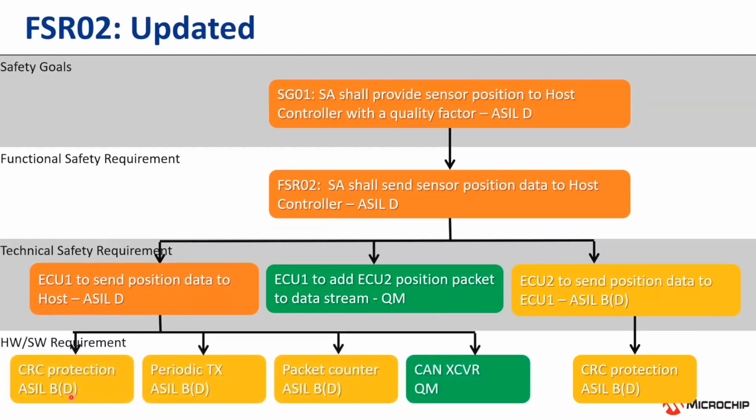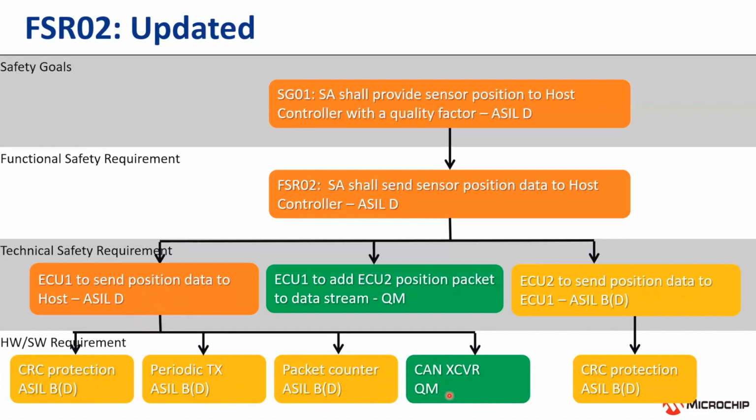We could say, oh, well, it's going to do it, but it's going to have a requirement here that we need to send this extra information. We need to have a heartbeat, and we need to have some kind of a counter or timestamp along with it. And that CAN transceiver, now we go from ASIL D to ASIL B, ASIL B, ASIL B, and quality managed, which means there aren't any functional safety requirements.